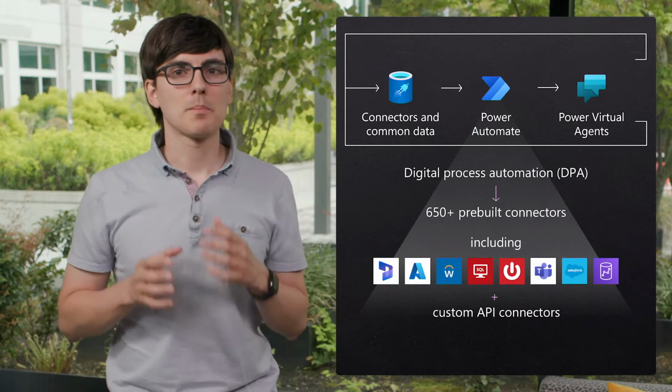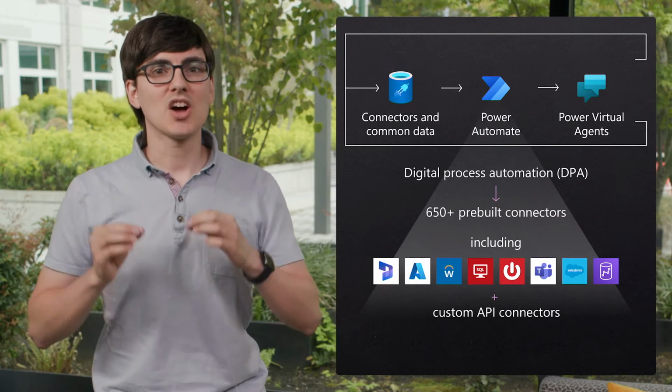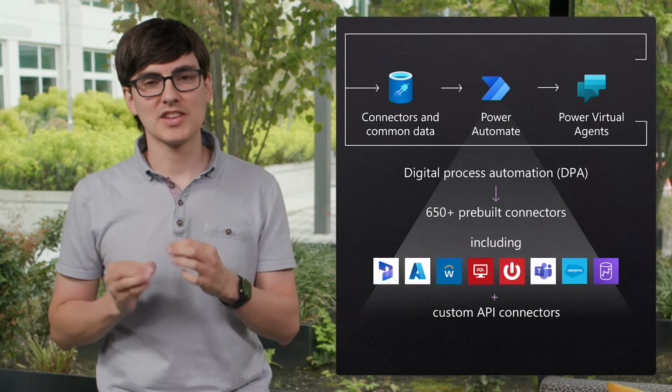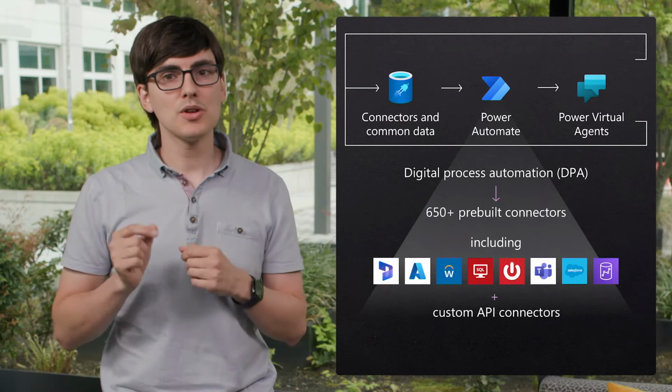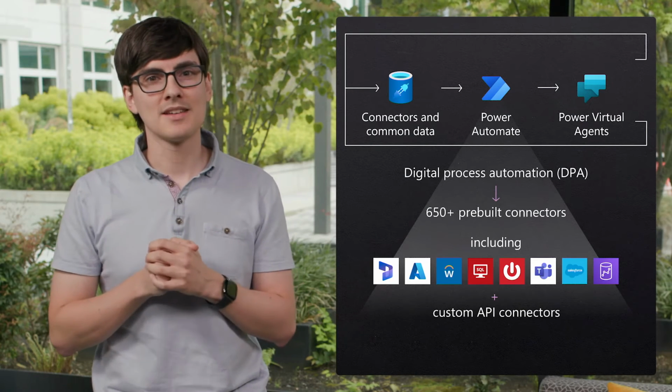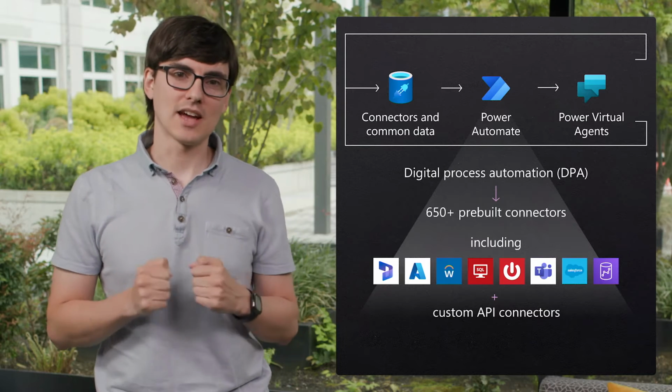Using Cloud flows, Power Automate's digital process automation capability, you can connect to hundreds of cloud apps, services, and data with pre-built or custom API connectors, including the ones you use every day. And the best part, it's already included in Power Virtual Agents licensing. Let's look at a few of the ways you can leverage Power Automate. I'm going to pass it to my colleague Lan Li to demonstrate.